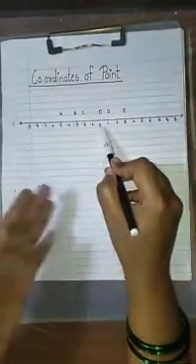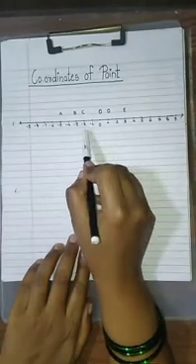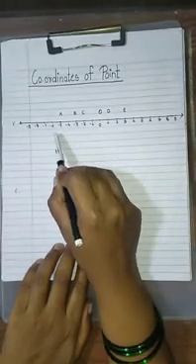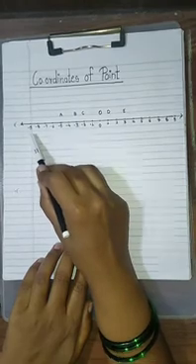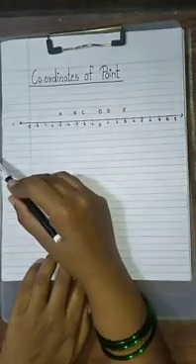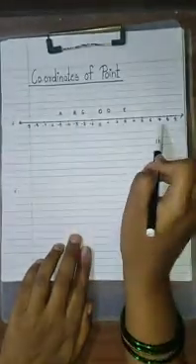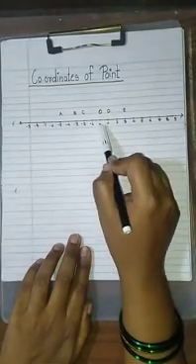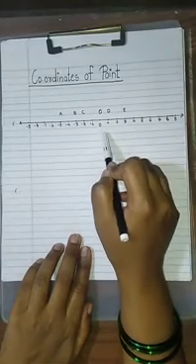Towards the left hand side of 0, you can see -1, -2, -3, -4, -5, -6, -7, -8, -9 and so on. Okay, so this is the number line. So this 0 is called the origin of the number line.